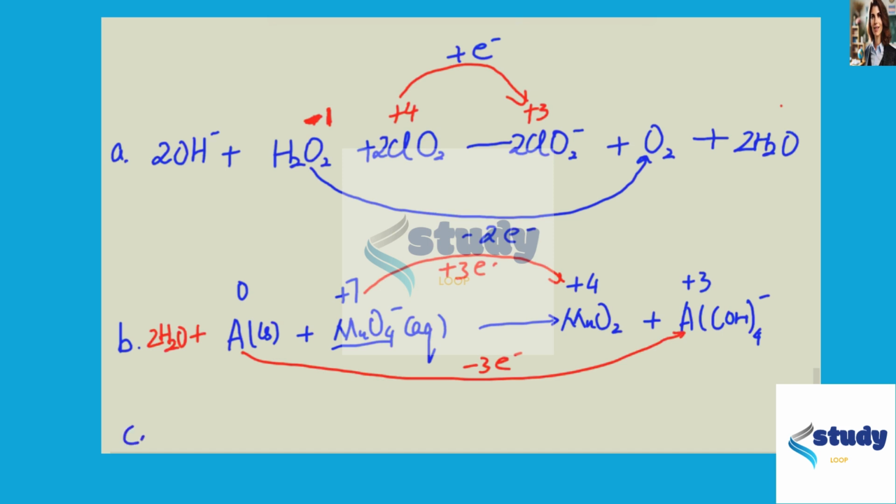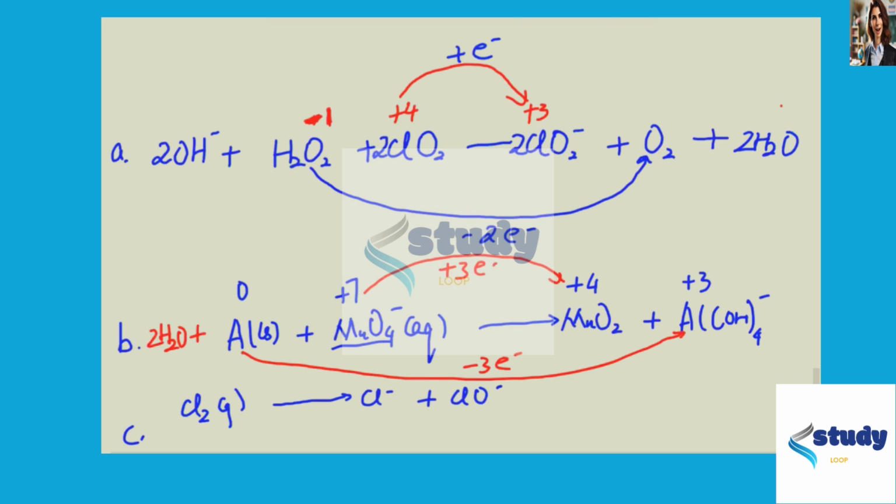And equation C, you have chlorine gas, and it forms chloride and ClO minus. This reaction is interesting because the chlorine acts as an oxidant and also as a reducing agent.